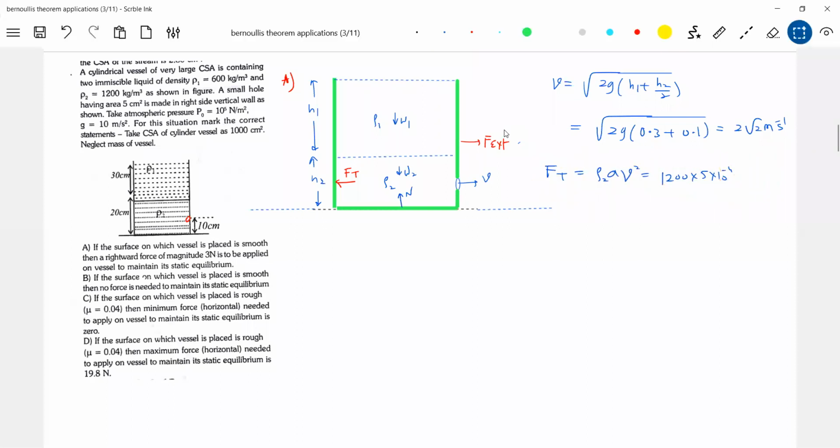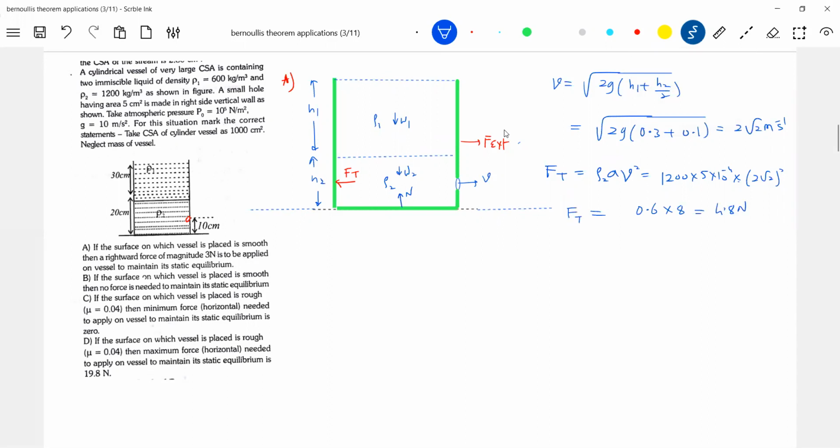So this will be 2 root 2 whole square. 0.6 into 2 root 2 whole square will be 8. 8 6s are 48, 4.8 Newton.